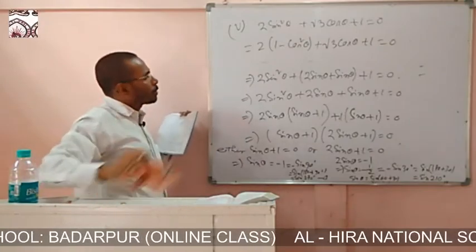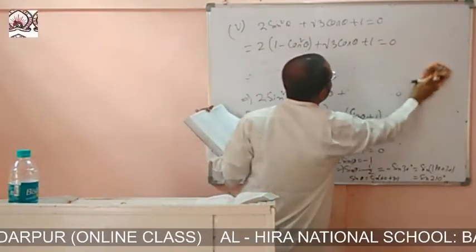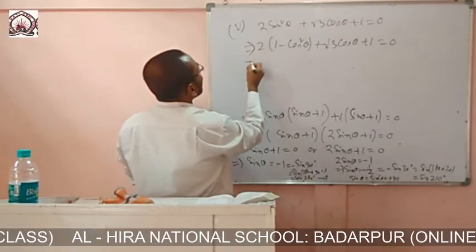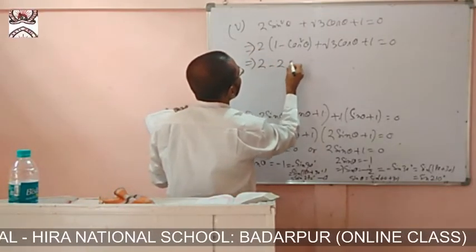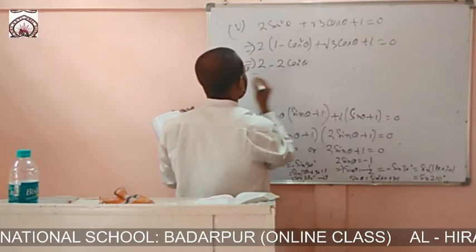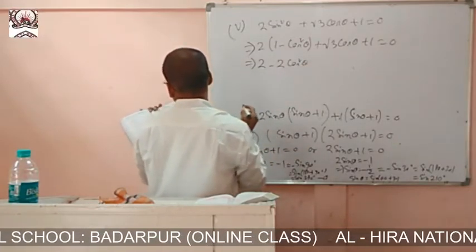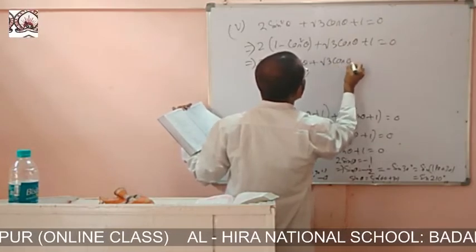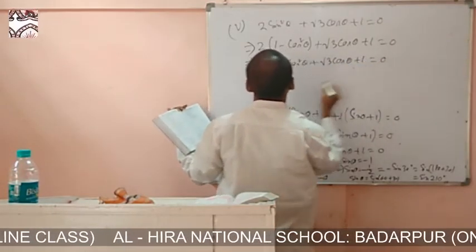So this implies 2 minus twice cos square theta plus root 3 cos theta plus 1 is equal to 0.